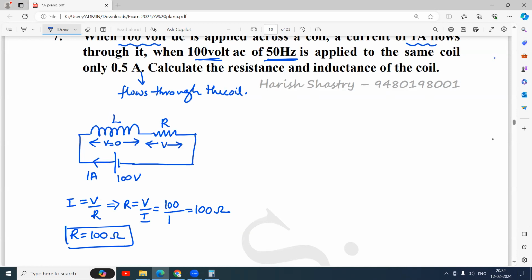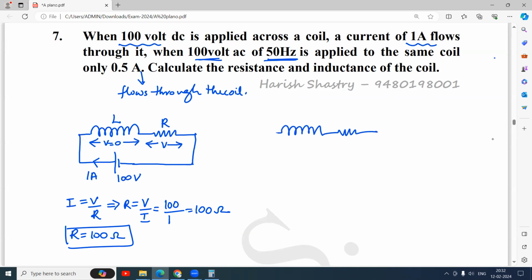The current flowing is 0.5 ampere. Since AC has both directions, I don't mention any direction.